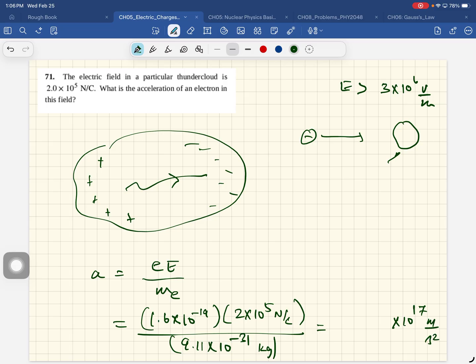So you know the electric field due to a point charge at distance r is kq by r squared. That's the formula. Now if you want to calculate the electric field due to this rod at this location, we'll break this rod into little symmetric pieces.